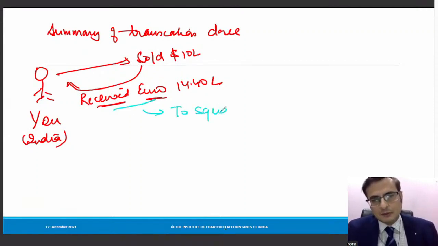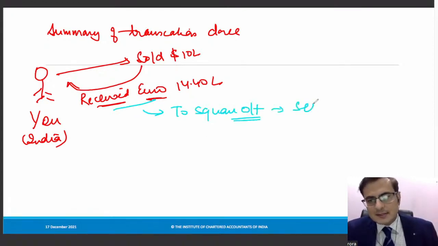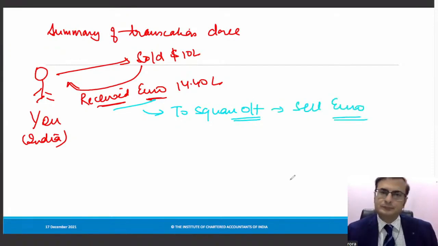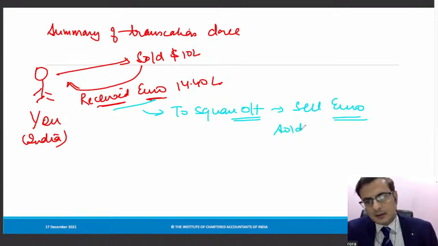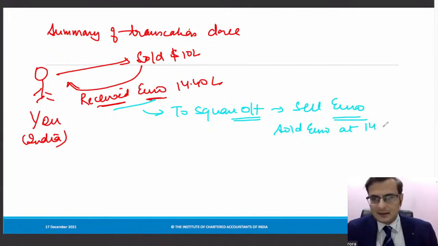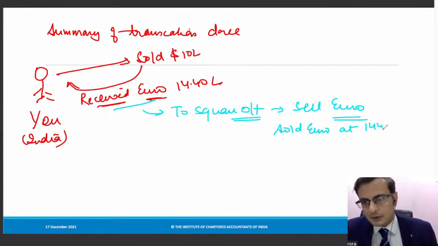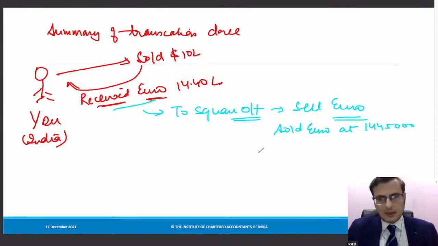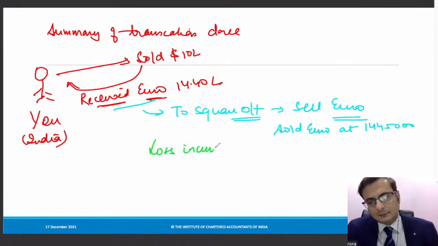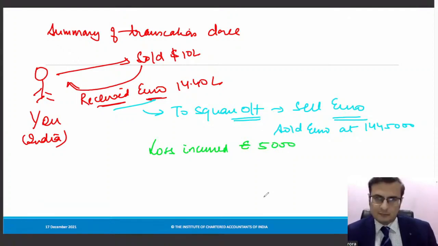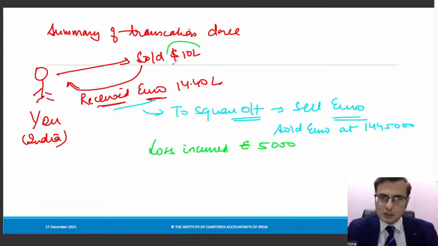To square off, since you have euros, you will have to sell euro. So you sold euro at 1,445,000. What happened actually? A loss incurred of euro 5,000. Clear? The dollar story is over.